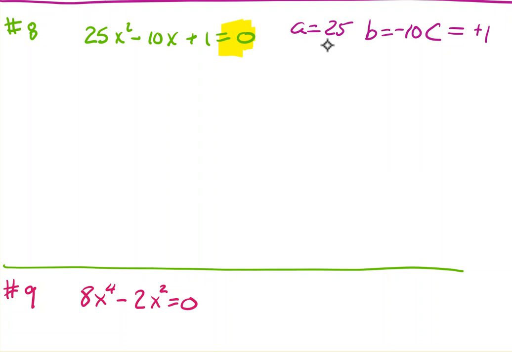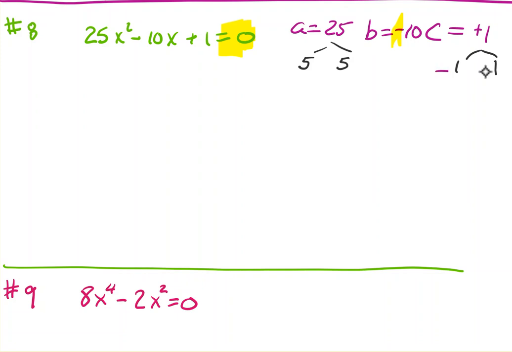Well, this time we want two things that multiply together to give us 25, that when we combine them is going to give us 10, and we're still going to stick with 5 and 5. This one's pretty easy. It's 1 and 1. But look, did you notice B is negative? Since B is negative, I want to multiply two things together to give me a positive that when I combine them gives me a negative.